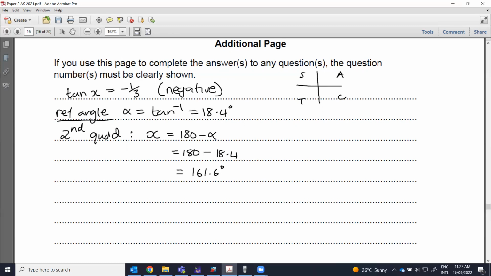Ordinarily I would also find the angle in the fourth quadrant, but the question said we are only interested in angles between 0 and 180, and an angle in the fourth quadrant will be bigger than 180, which is not what we're looking for.